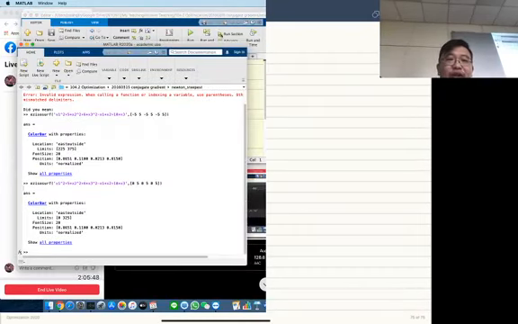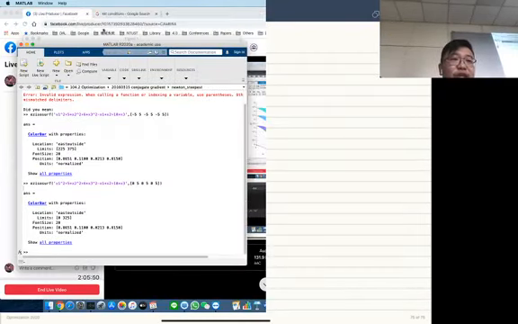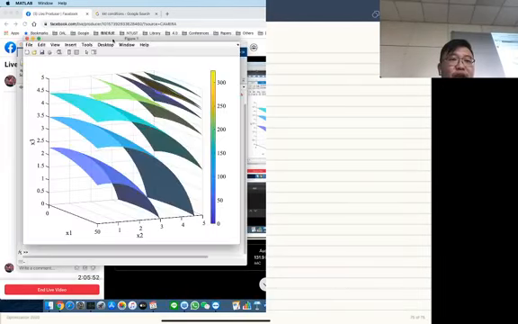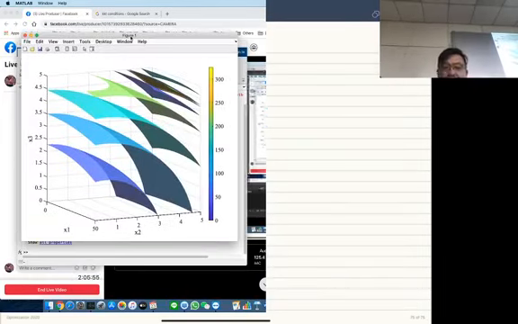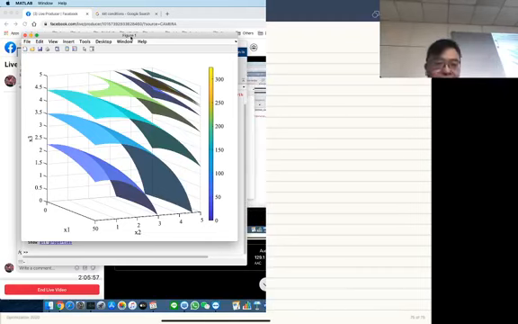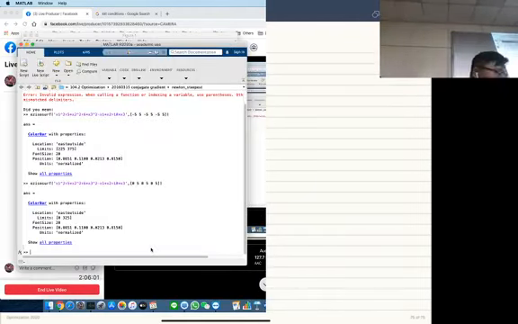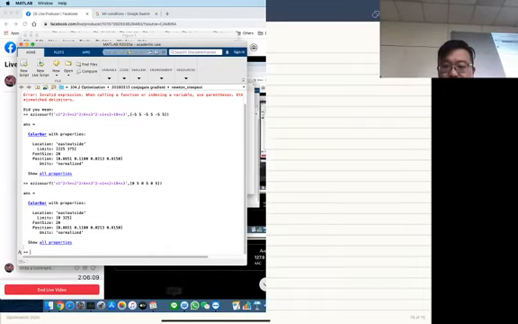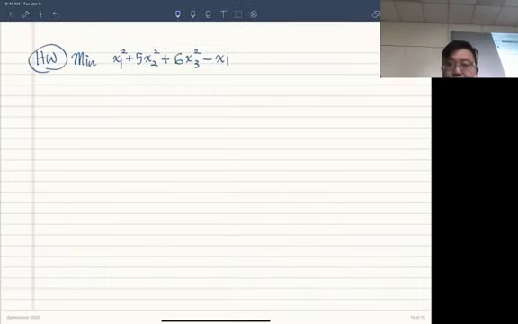Yep, my MATLAB here, and I don't need this here. The objective function looks fine. Then what's my objective function? It's minus x1 times x2.